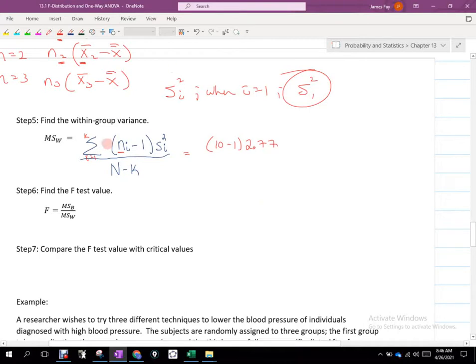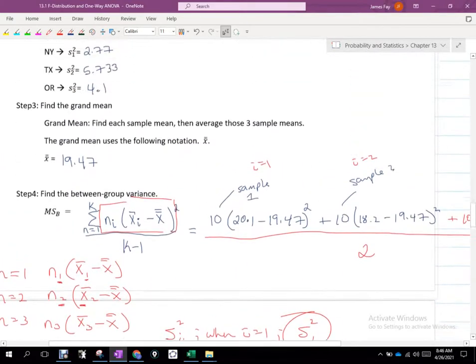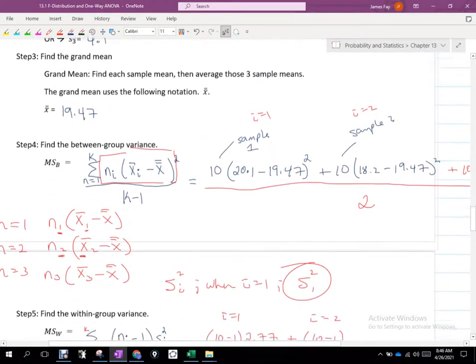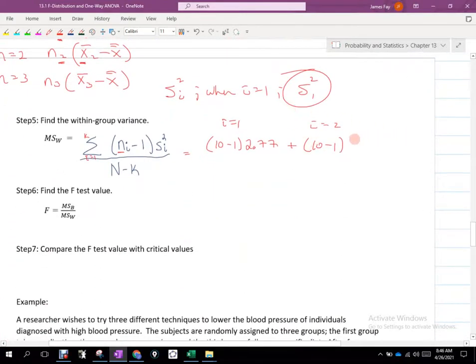So that was when i equals 1. When i is 2, we're now looking at the sample size of sample 2, which again was 10. We'll remove 1 from it, and then multiply by the variance of sample 2, which was 5.733.